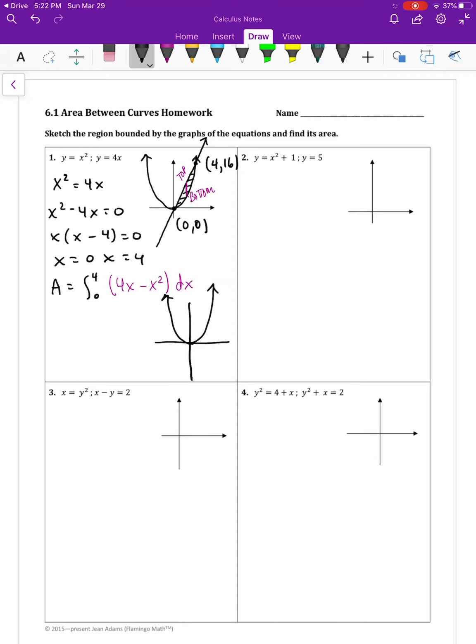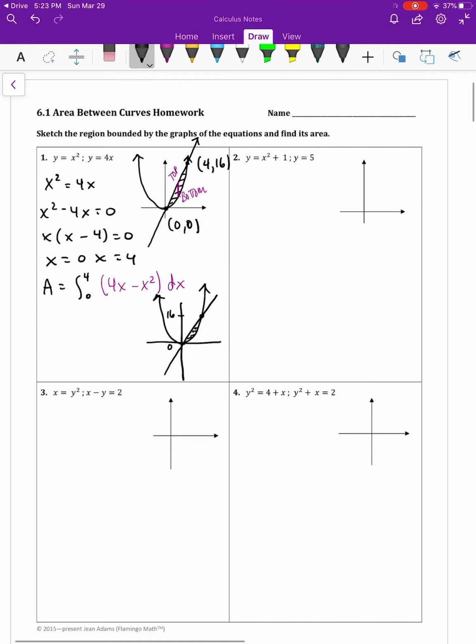If you were going to do the problem where you wanted to use y integration, you've got that same situation here. And then I'm just going to draw, sorry, this would have been 16 and 0. And this time, your line would have gone this way. And it would have been right function minus left function.